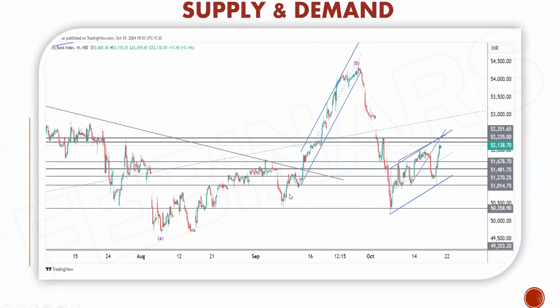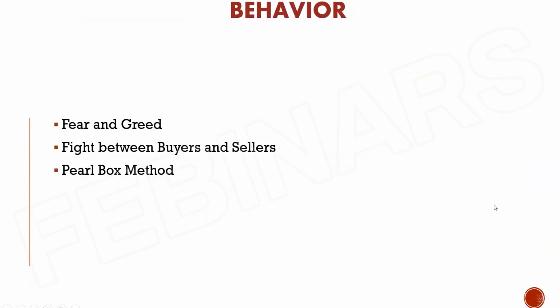So I'm just showing you here how, from right to left, the key areas where the price behavior has happened, and how it acts as per the price zones. That is what we are seeing here, the supply and demand.